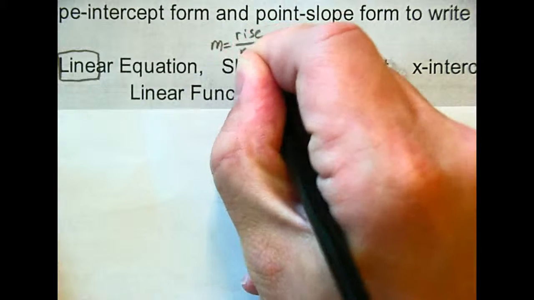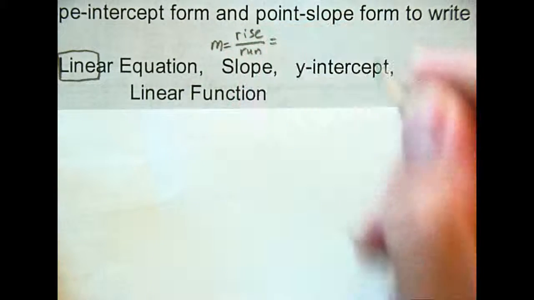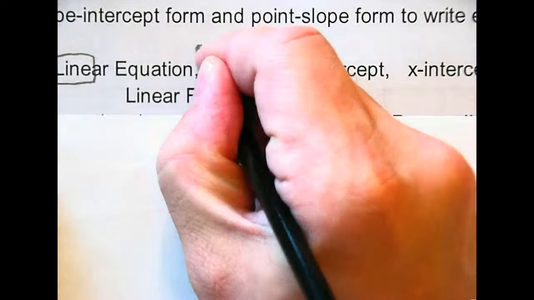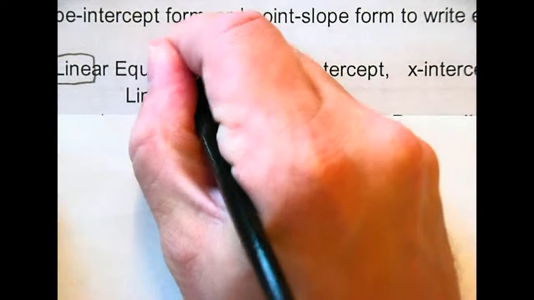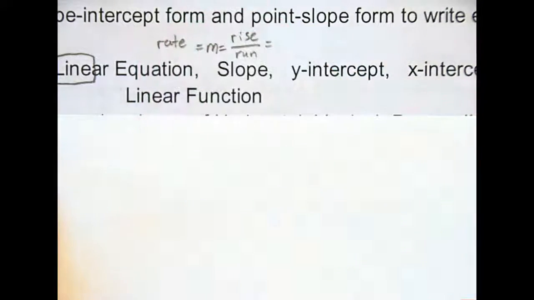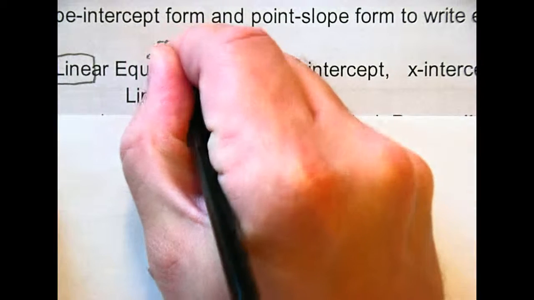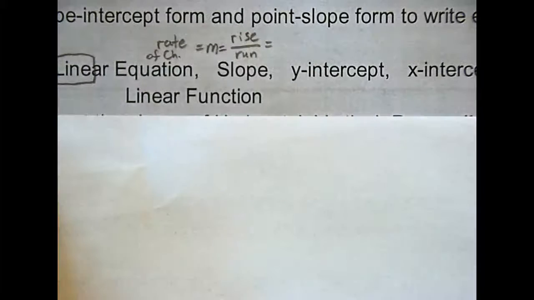Rate of change. Let me add that one over here. Slope is rate of change, or rate. If you want to write up change, you can. Rate of change. M, rise over run.